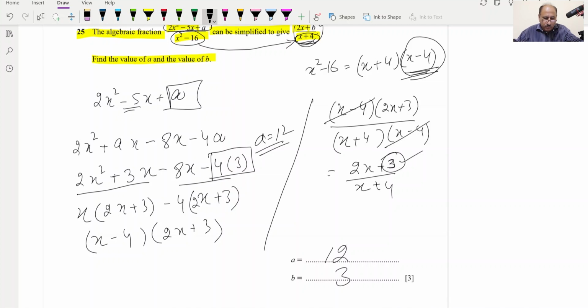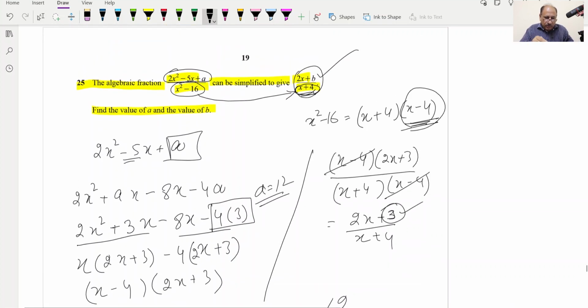Hopefully you understood this. So once again, if I quickly go through this last question, because this is a little tricky one. So what we have done, we have taken hint from this denominator, and x square minus 16, it can be factorized as x plus 4 and x minus 4, but in the answer we don't have x minus 4. It shows that it is cancelled.